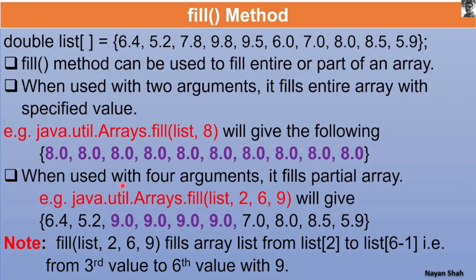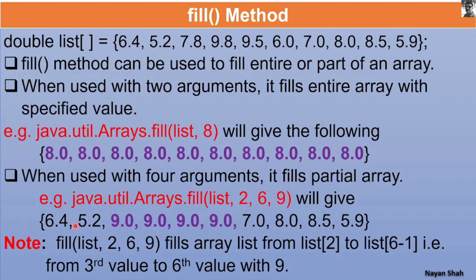But when it is used with 4 arguments, it fills a partial array. For example, java.util.Arrays.fill(list, 2, 6, 9) will give this. 2 means the third value. List is the name of the array. We want to fill this array from 2 to 6 with value 9.